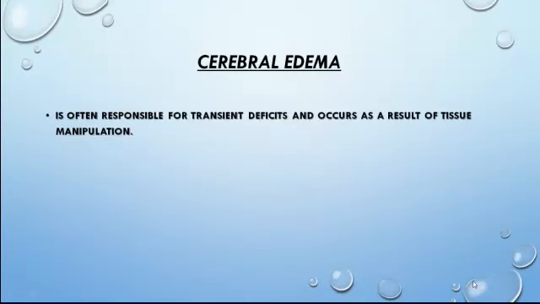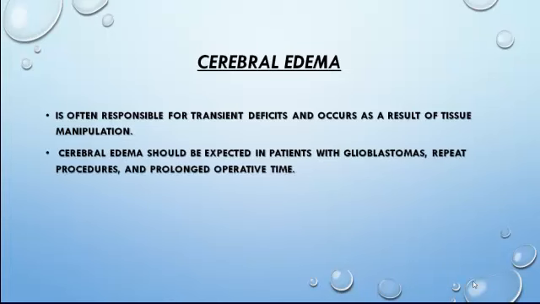Cerebral edema is often responsible for transient deficit and occurs as a result of tissue manipulation. Cerebral edema should be expected in patients with glioblastoma, repeated procedures, and prolonged operative time.